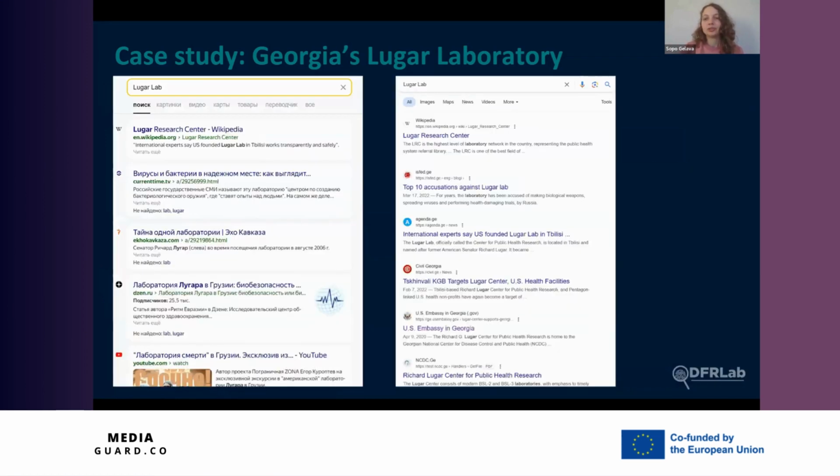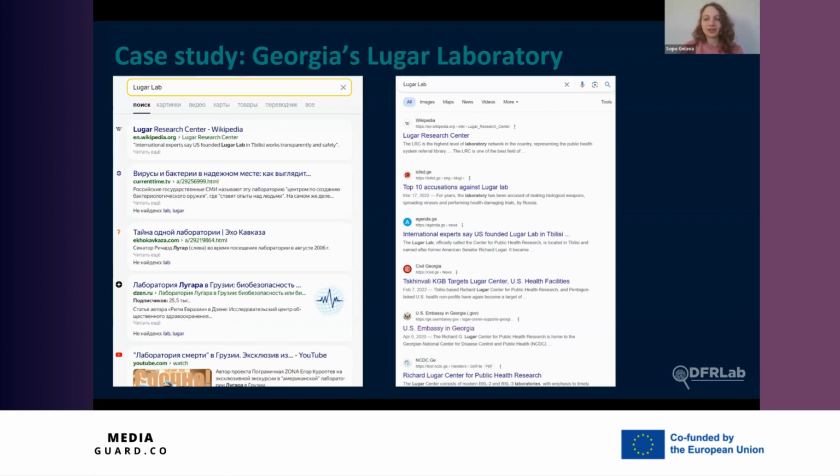But the reason I asked you to search the Lugar Lab in two search engines is that news aggregators, and control over news aggregators, are also one of the propaganda tools for the Kremlin.